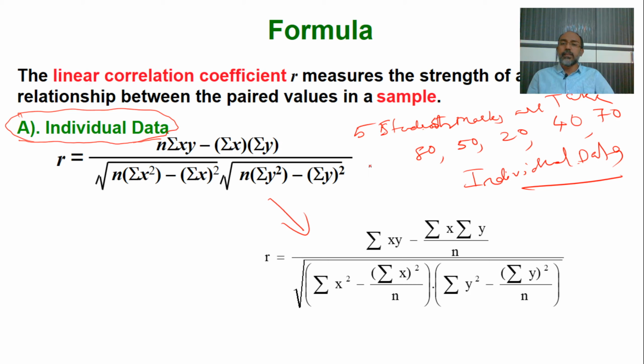Say it is BST, business statistics marks. Another one is accounts marks: 70, 20, 40, 60, 50. Like that the marks are scored by the students in the examinations.